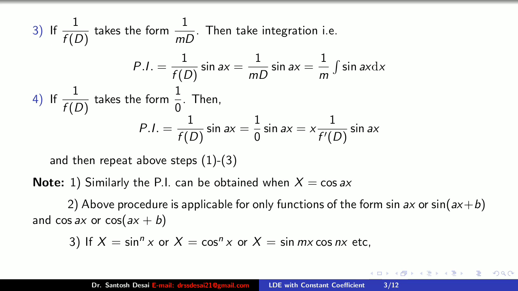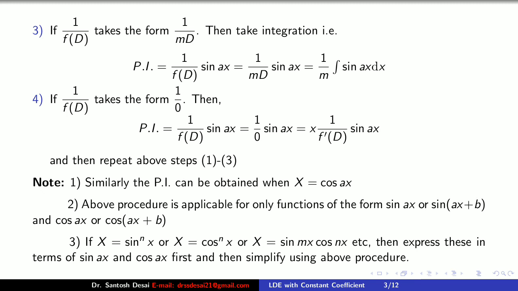If this is the case, then we have to first express these in terms of sin ax and cos ax, and then simplify using the above procedure. So you have to remember these following three notes, especially note 3. This method is applicable only for sin ax and cos ax. Now if it is clear, let us consider the examples.